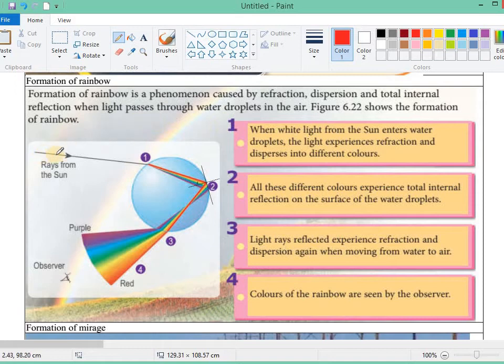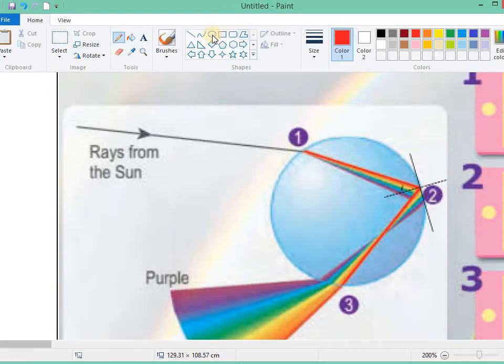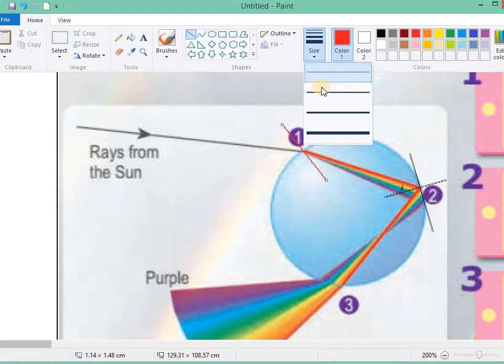Okay, so a ray from the sun comes into the water droplet and then will undergo refraction. Okay, so this is the normal. Okay, this is normal.